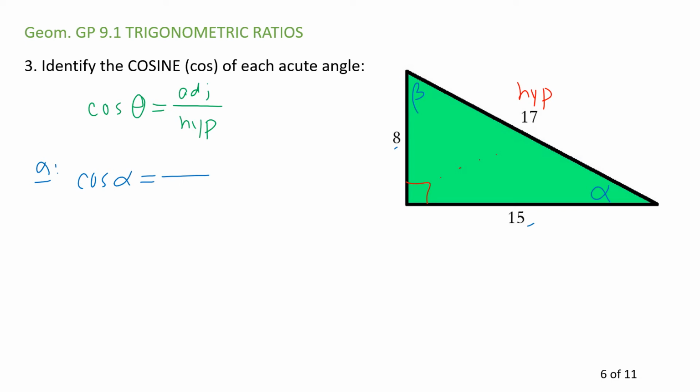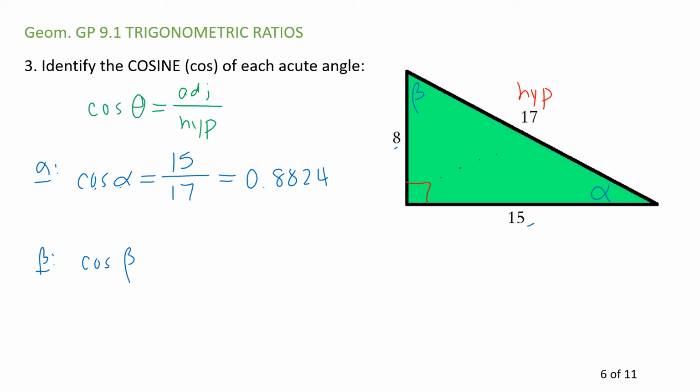The adjacent side is 15 over 17. That may look familiar. That number is still in my calculator from the last problem. That's because the cosine of alpha is the same thing as the sine of the other angle. We'll talk about that later.